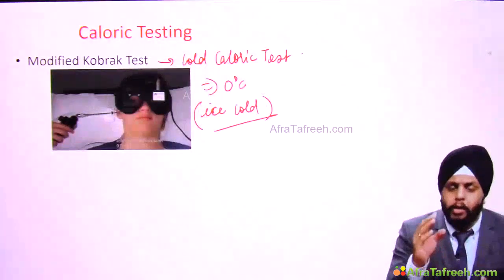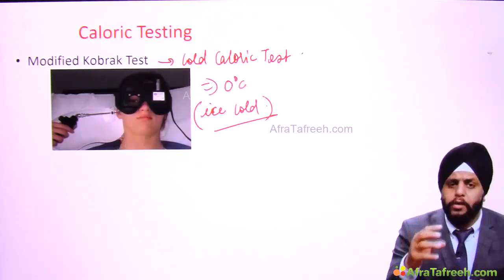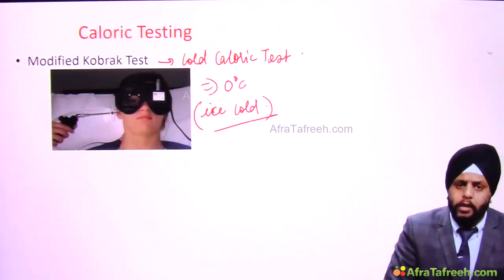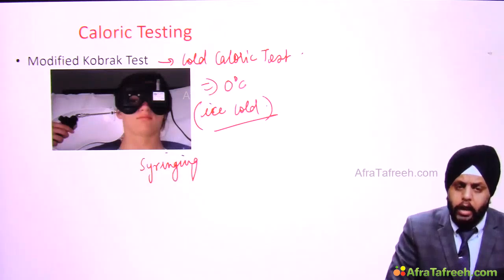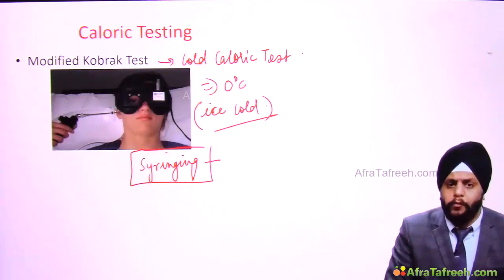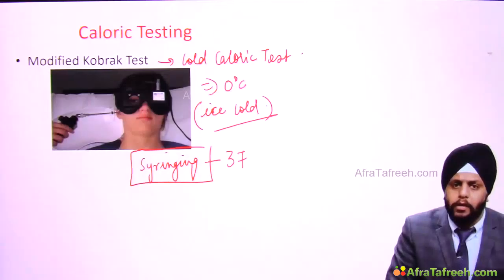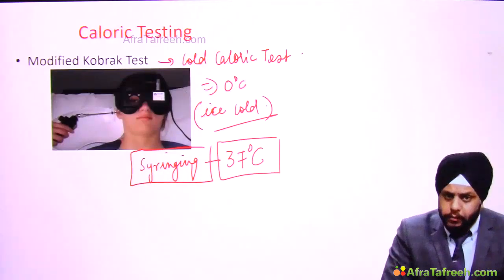Now remember, when I taught you about syringing in the topic of anatomy of external ear, I told you syringing is the way where we can remove the foreign body from the EAC. At that time I told you that when we do syringing for removal of foreign body, the water has to be at 37 degrees Celsius, that is core body temperature. Why?